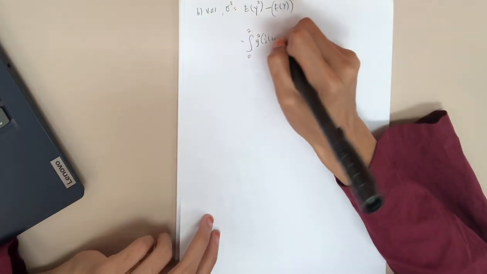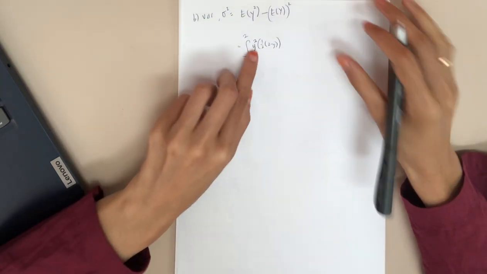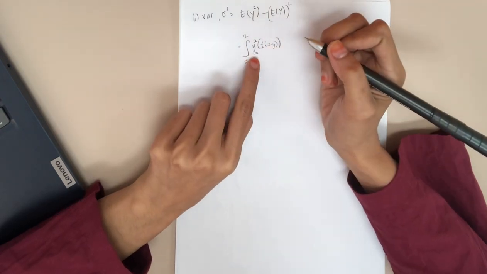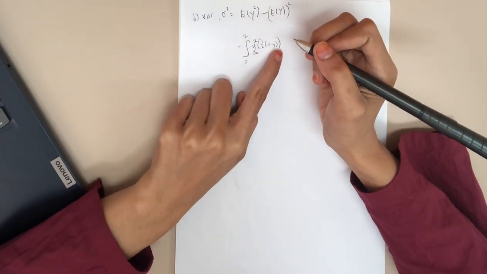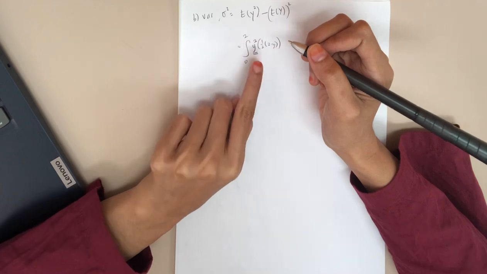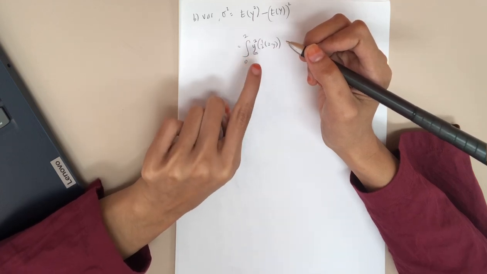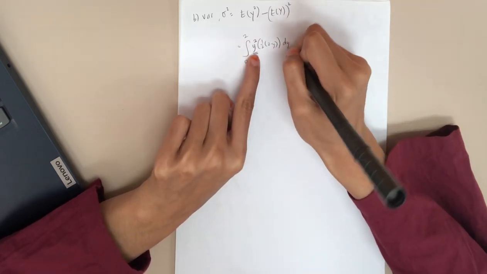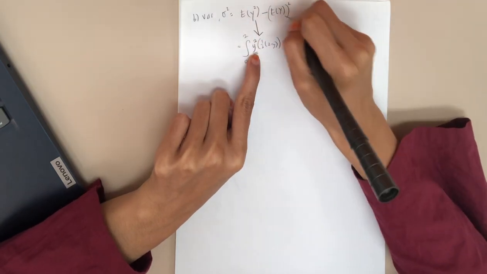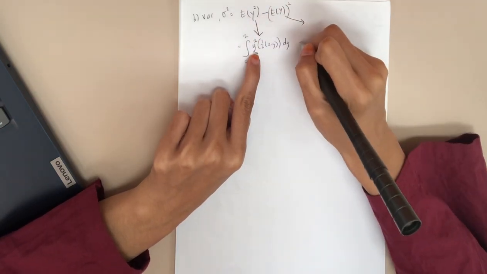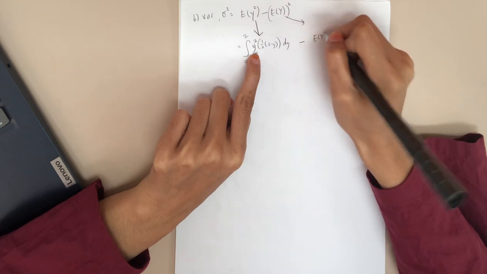But now, instead of y, just now we wrote y times this function, so now it will be y square. So this is for this one. How about the other one, minus (EY) square?